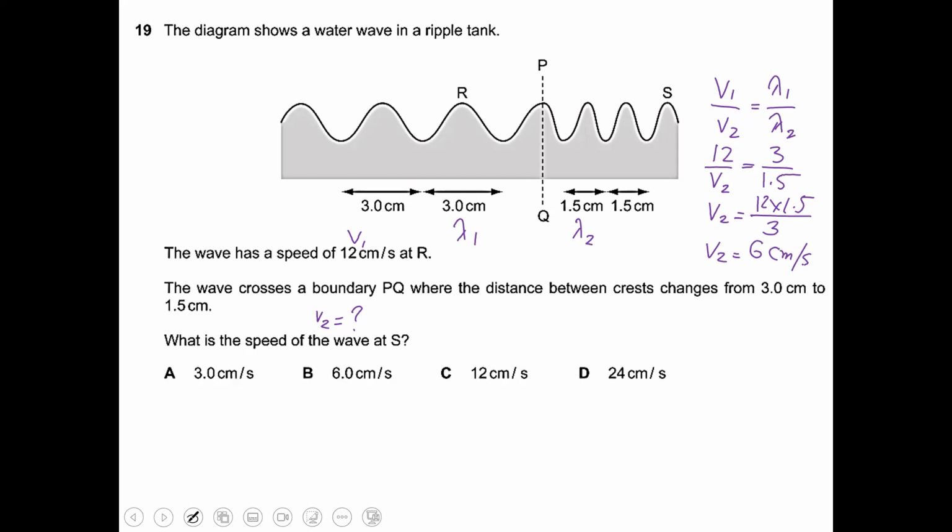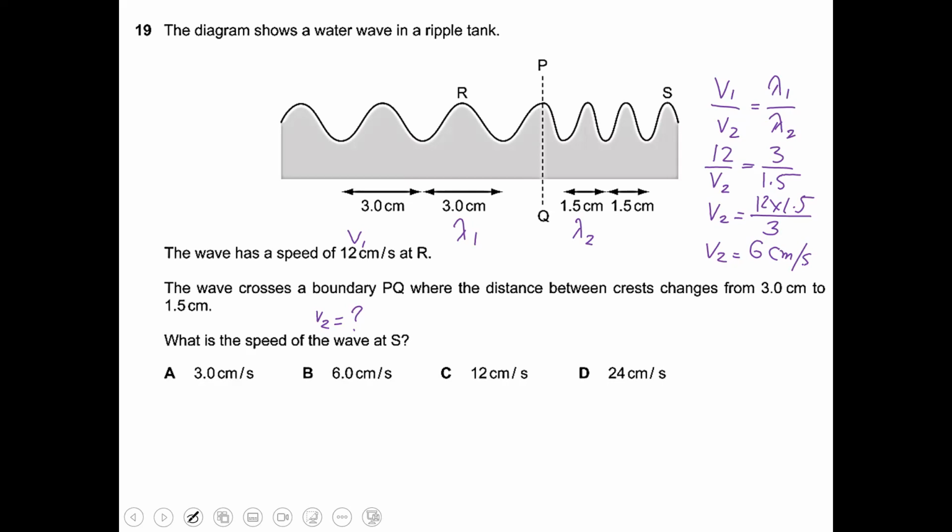Do we not divide first, 3 divided by 1.5? You can divide it. 3 divided by 1.5 will be how much?